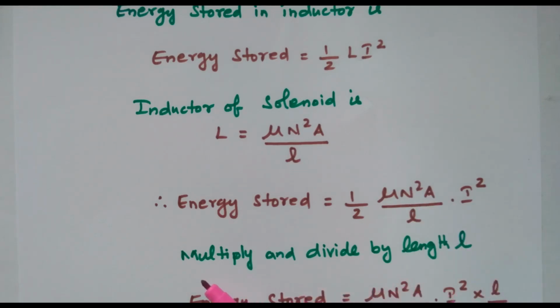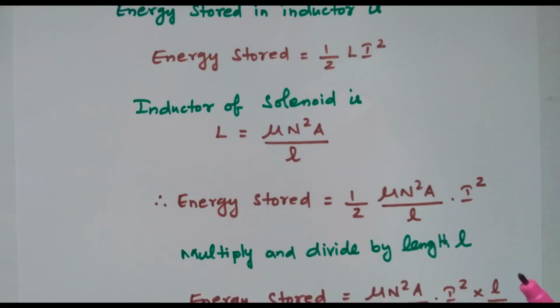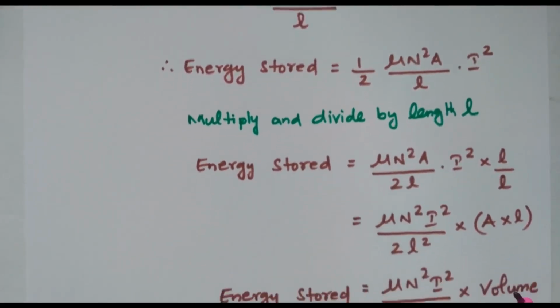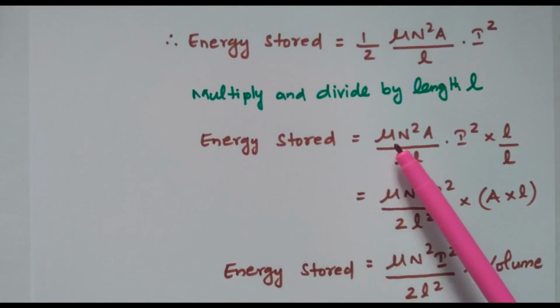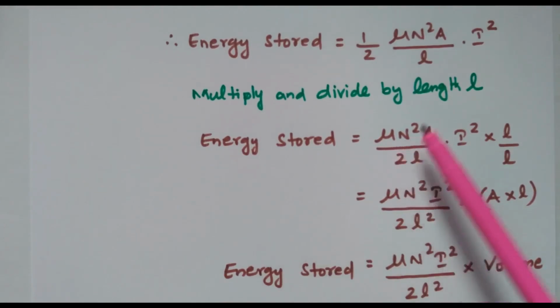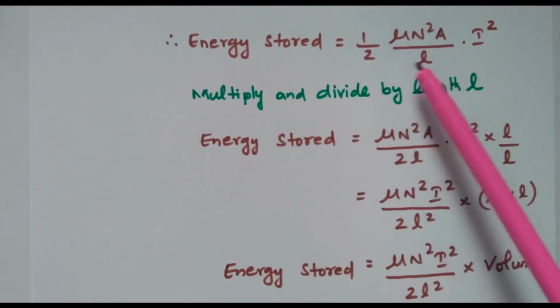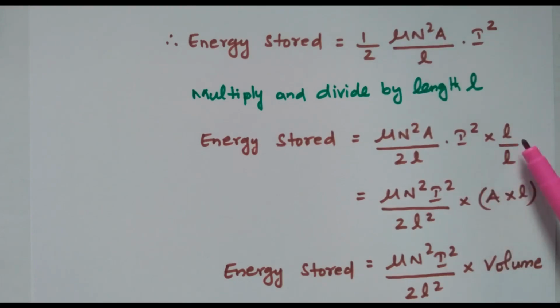So in order to get the volume, here also we are going to multiply and divide by the length l, right? So energy stored equals half, that is mu n square A divided by 2l into I square divided by l into l.